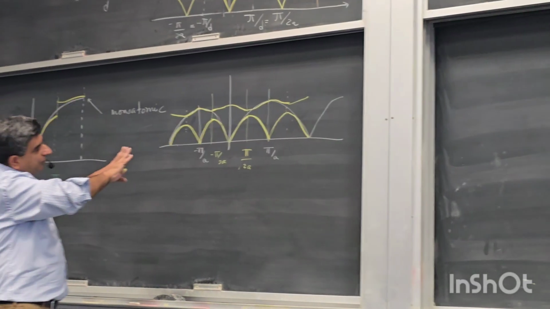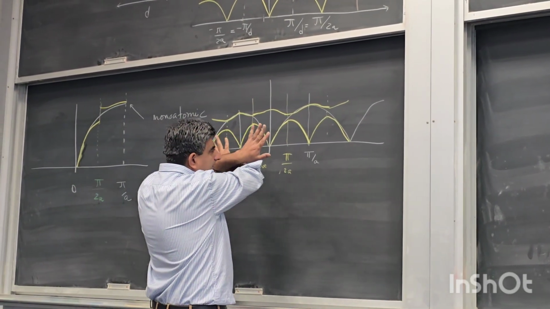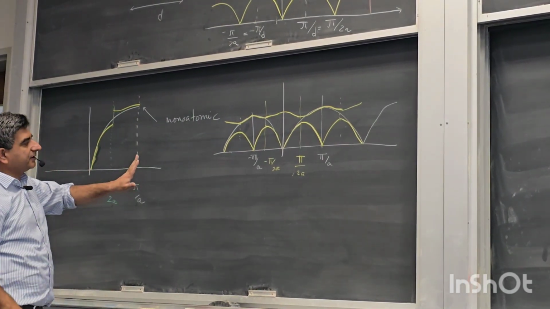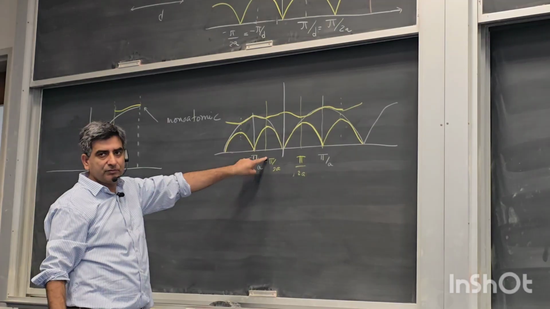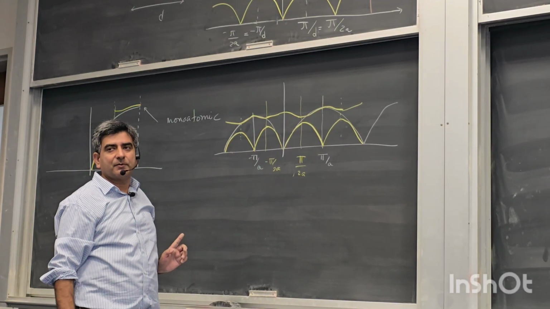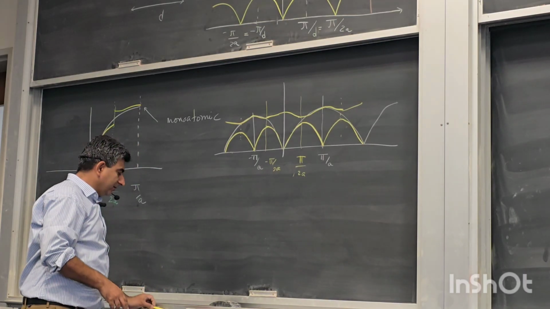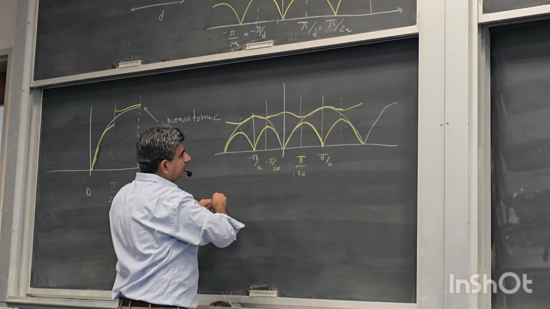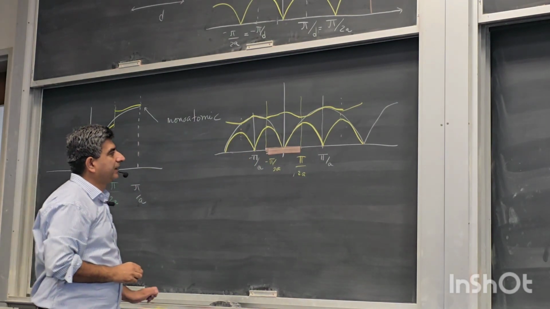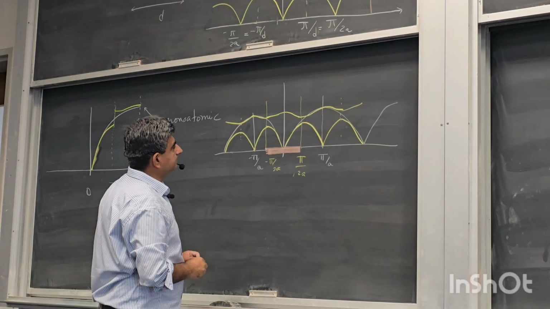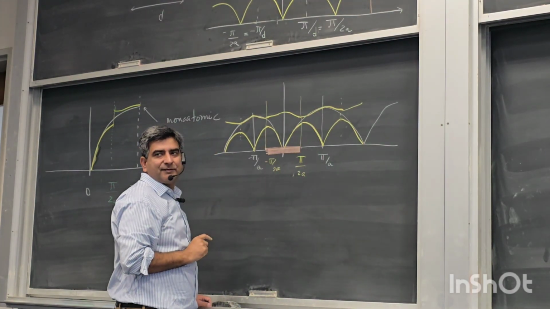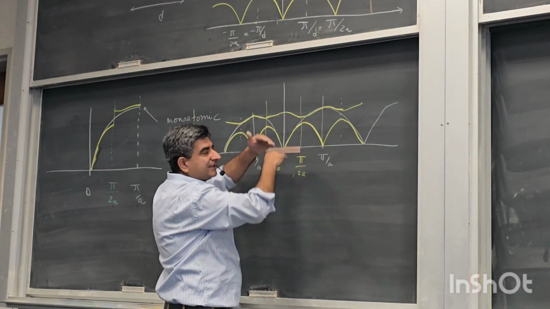So this yellow diagram and the white diagram, when drawn over all values of K, is called the extended zone scheme. I've drawn the dispersion relationship for the diatomic case in yellow, and for the monatomic case in white. So now what you observe is that this much is the period for the diatomic case.